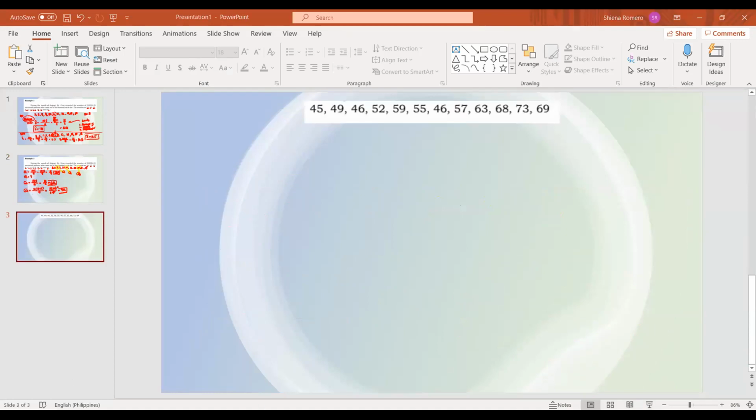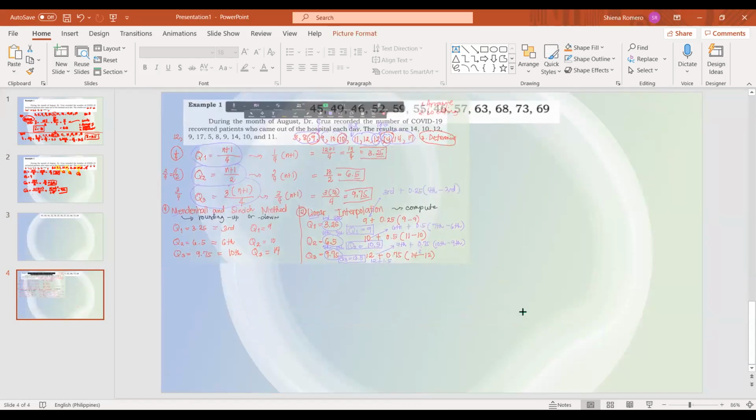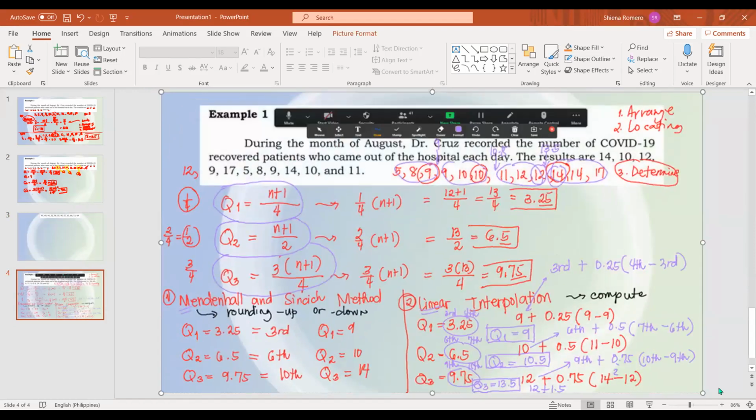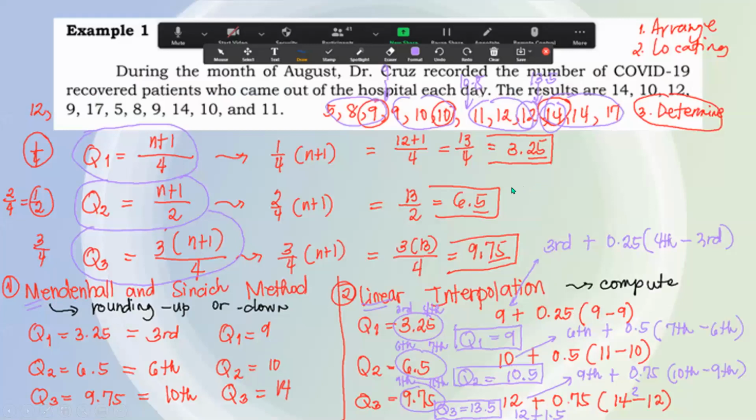So, may screenshot ako nung kanina. I-paste ko lang. Ito.